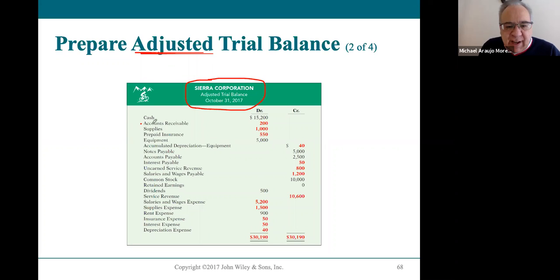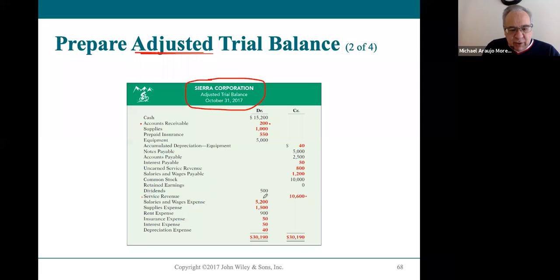So the very first account you see with the balance changed is accounts receivable. Well, what adjusting entry affected accounts receivable? It's the accrued revenue. Accrued revenue means we debit accounts receivable and we credit service revenue.